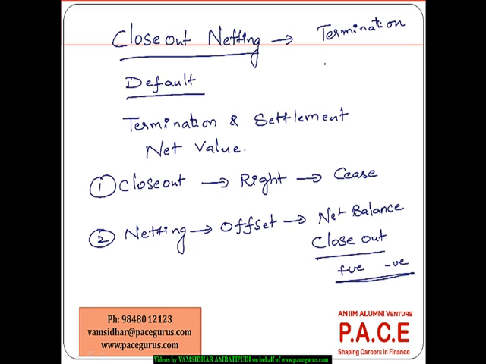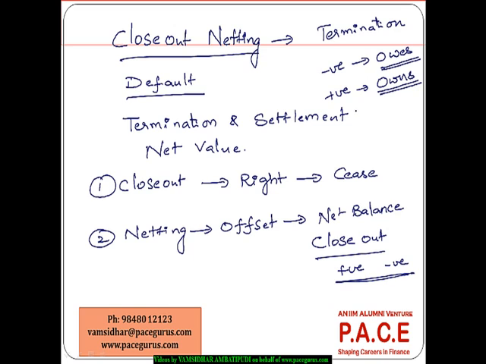Now let's say the net is negative, which means the solvent counterparty owes the defaulted counterparty, then the payment is made. Whereas if the net is positive, it means the defaulted counterparty owes the solvent counterparty, and the defaulted counterparty should pay the solvent one.